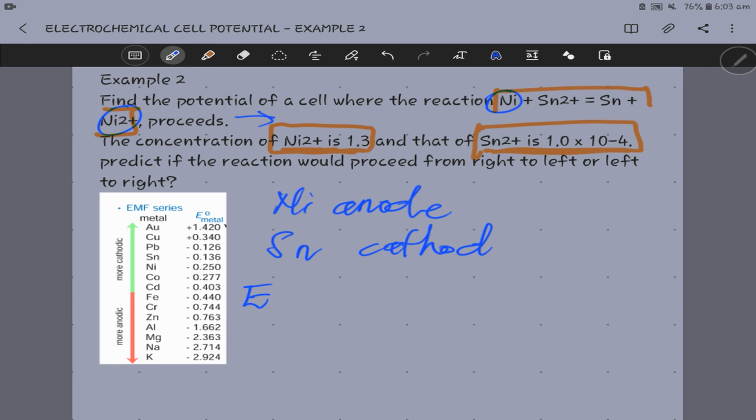In this case, let's say we are using the Oxford method.